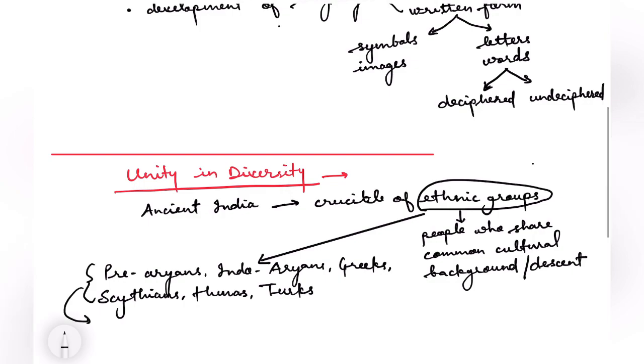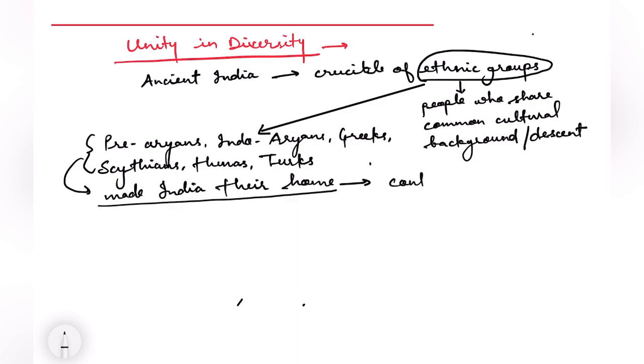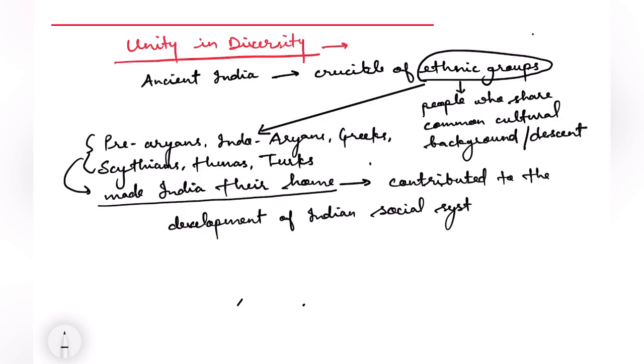Because people of different cultures meet, interact and act upon each other, they influence each other's culture, and a new culture and social system forms. So in Indian social system, art, architecture and literature, we can see the influence of these different ethnic groups who settled in India.